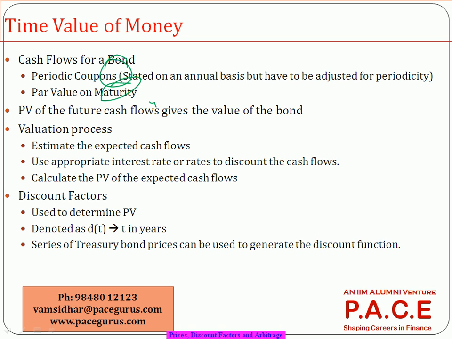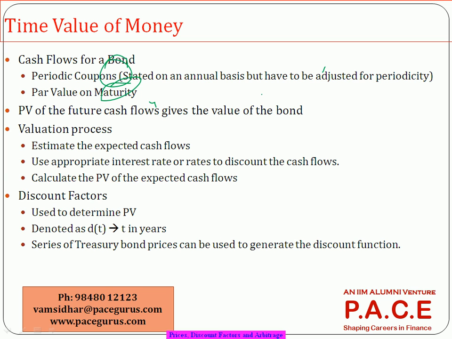And whenever we talk about the price of the bond, we are simply saying the present value of the future cash flows. Even using your calculator, you can do that, right? The present value of the future cash flows is what we are calling the value of the bond.